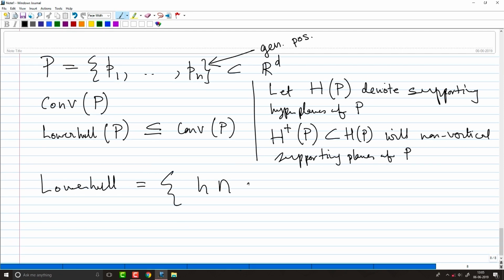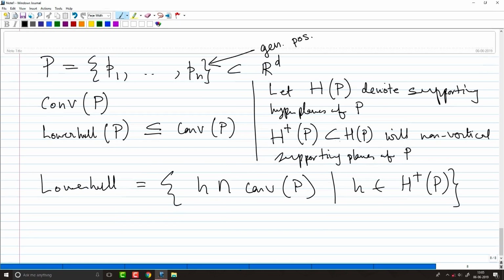H intersection convex hull of P, such that H belongs to H plus of P. So here also it's not completely correct. H plus will be all non-vertical supporting hyperplanes of P, such that H belongs to H star of P, if H greater than or equal to 0, contains the convex hull of P. So I should have written the definition properly.